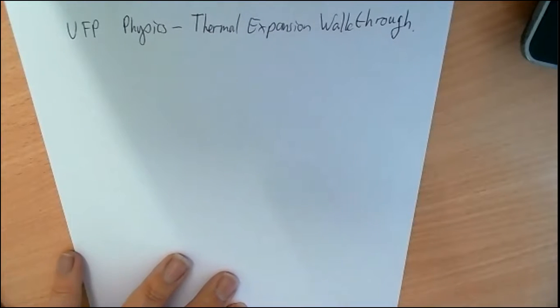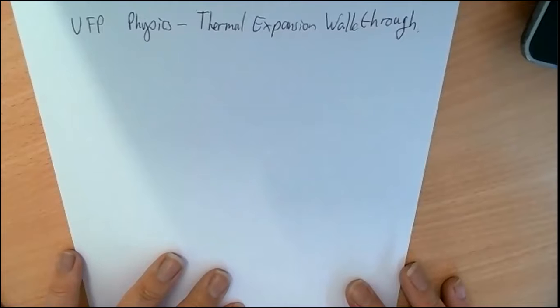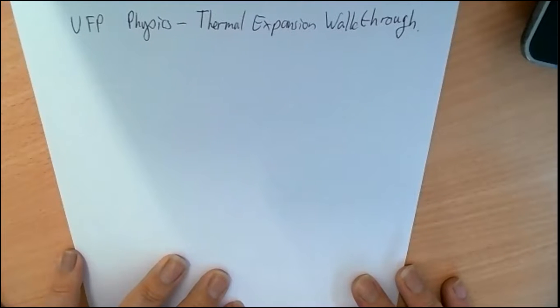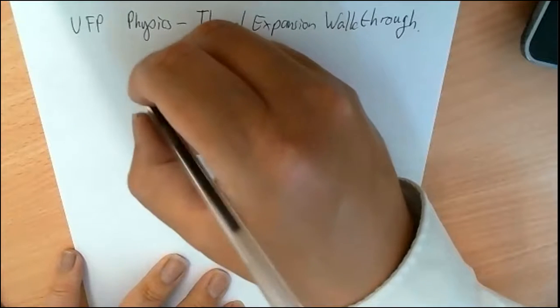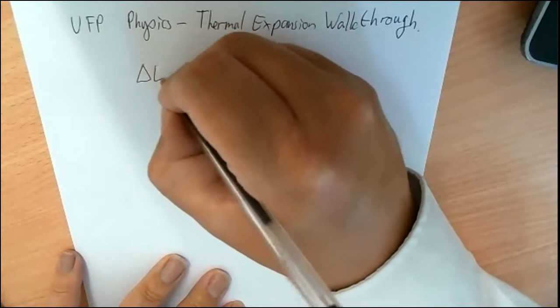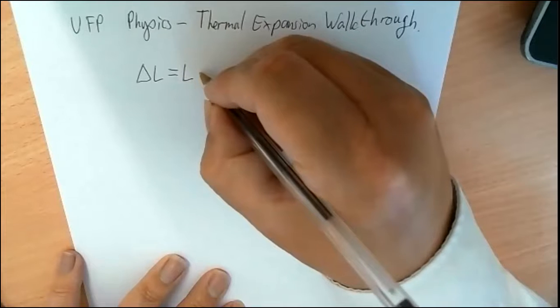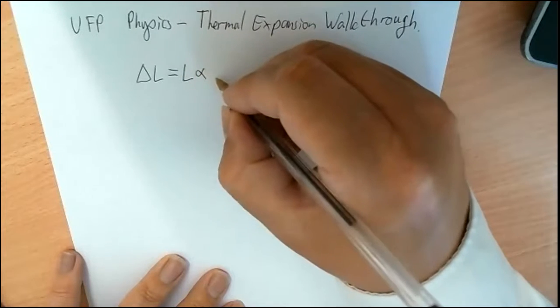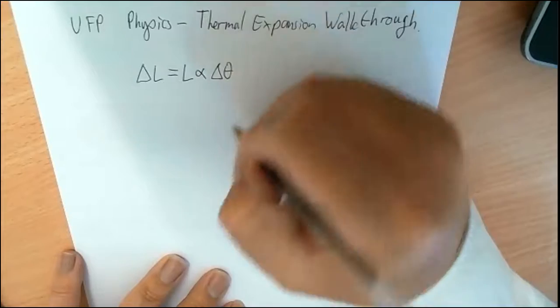But what do you actually need to know with thermal expansion? Well, it's a very, very short topic. As you can see, we're about 15 minutes into the lesson and we're almost finished, really. So the first thing you need to do, you need to memorize the formula. You need to remember that the expansion or the change in length is the initial length multiplied by the expansion coefficient multiplied by the change in temperature, okay?